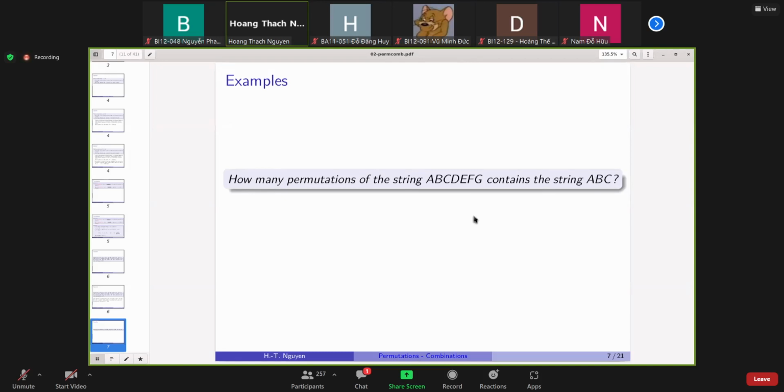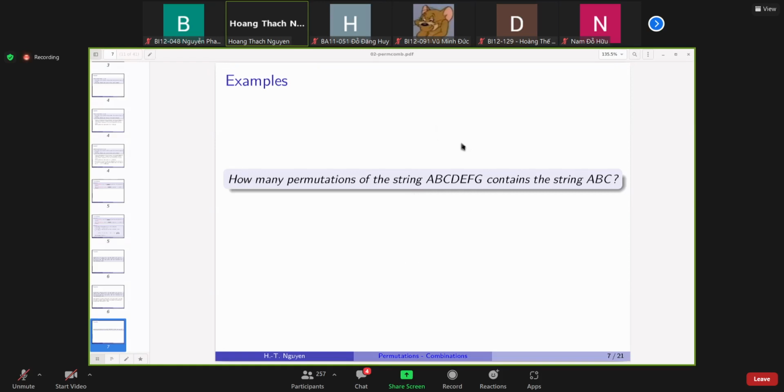Anyone has an idea? 5 factorial. Now, 5, so I see 5 factorial, 6 factorial. So maybe the results differ, but I guess you all have the idea.